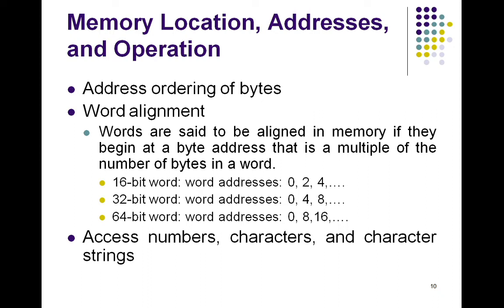Whenever it encounters the end of the string, it means all the characters of the string are retrieved. Or a separate memory word location or the processor register can also contain a number indicating the length of the string in bytes. So this is about accessing numbers, characters and the character strings with respect to the memory.